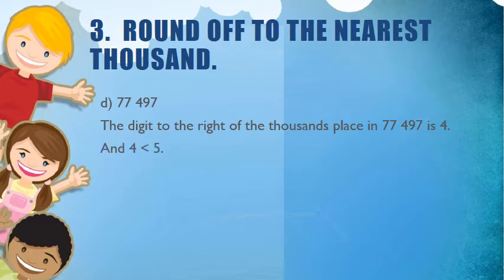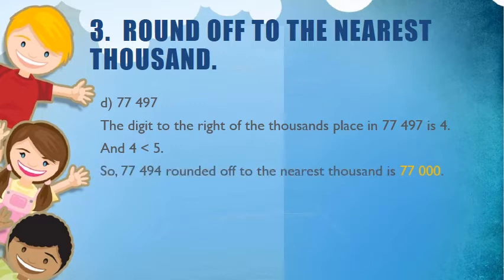Now children, 4 is less than 5. So we are not going to change the digit at the rounding off place, that is at the thousands place. The digit at the thousands place is 7, so we will not change this 7. That is, we will not add 1 to 7.